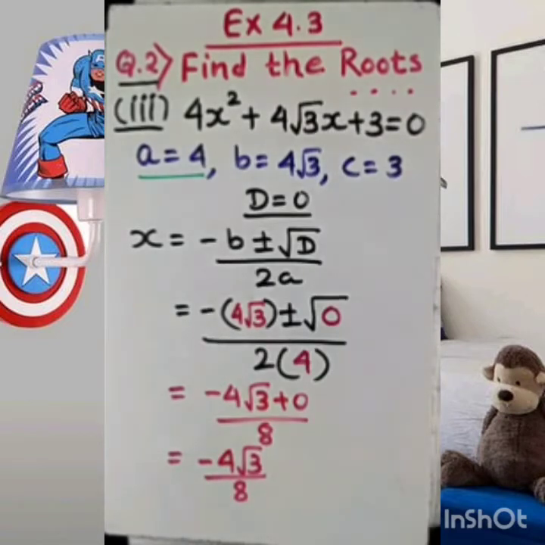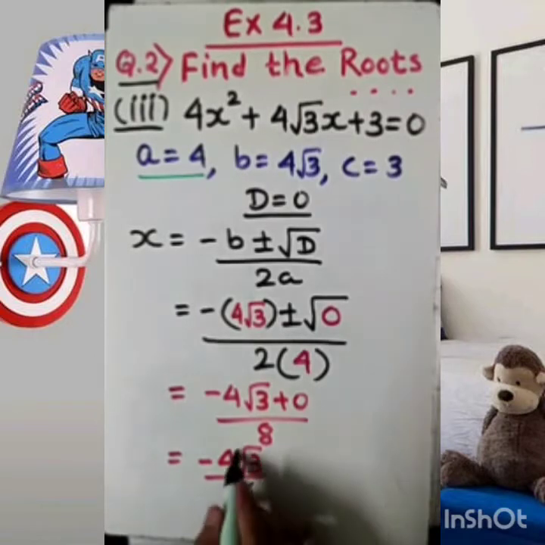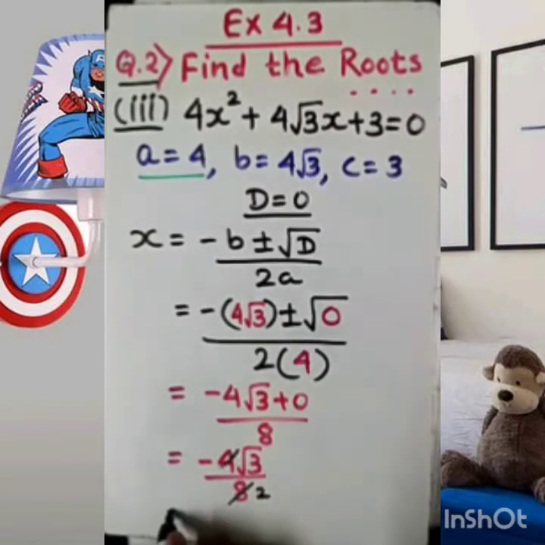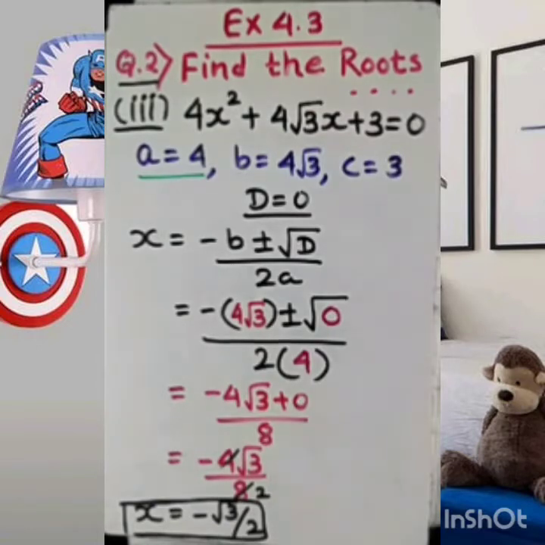If I simplify it, if I cancel with 4, then it will be 2. The final result is minus root 3 by 2. The value of x equal to minus root 3 by 2. As I earlier told you, we must have similar values, because we need equal roots. So I need to mention here in statement form.